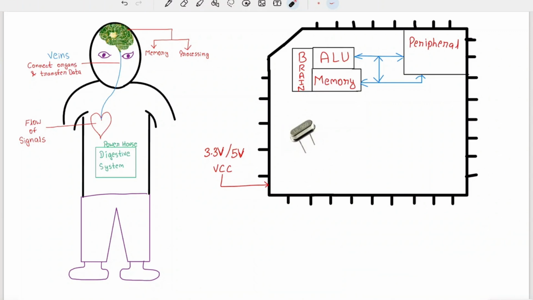The same thing happens in a microcontroller. Let's say we need to read the voltage and show it on display. Here we will need an ADC peripheral, which will be connected to the brain of our microcontroller via a peripheral bus. The ADC will sample the analog voltage and convert it into digital binary, and that data will be transferred to our microcontroller's brain, so that the ALU can process it and display it.